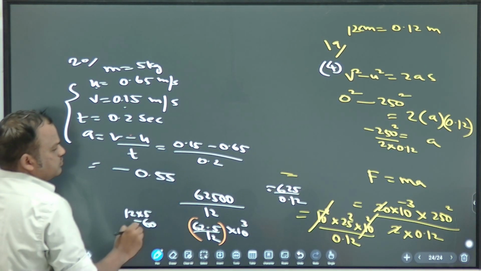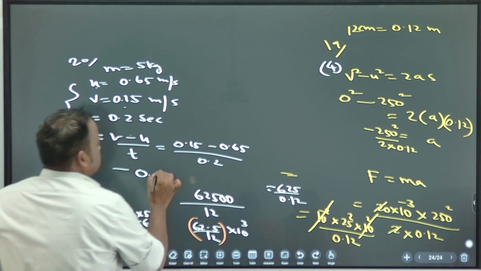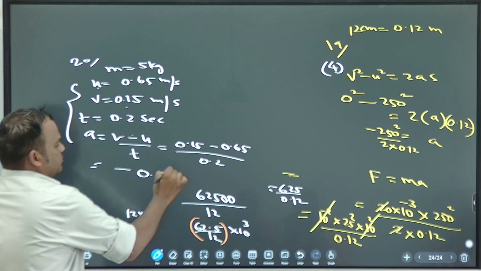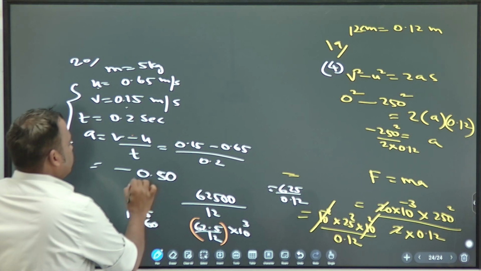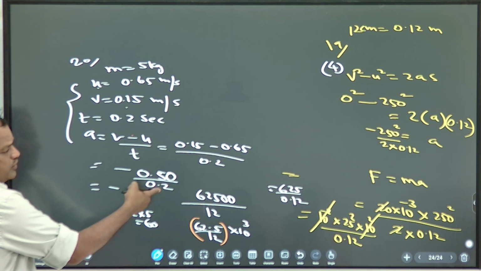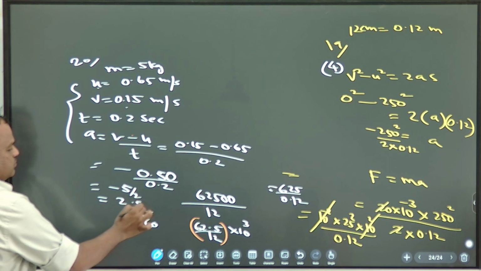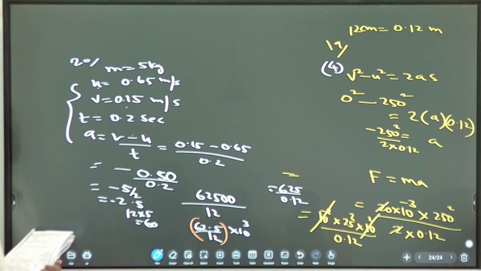No, 0.50. Good. Minus 0.50 by 0.2. So now this is 0.5 by 0.2 means 5 by 2. 5 by 2 means 2.5 negative. Okay, so acceleration is minus 2.5.